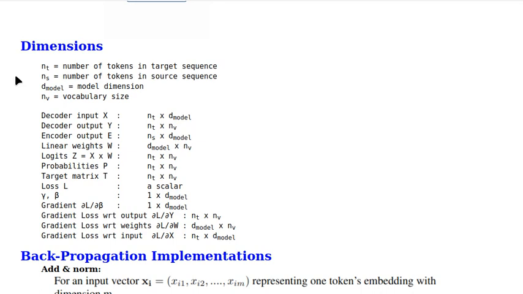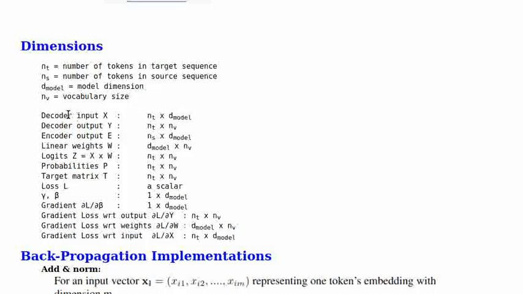In implementing the backpropagations, we need to pay attention to the dimensions of the variables. Suppose we let nt be the number of tokens in the target sequence, ns the number of tokens in the source sequence, d model the model dimension, nv the vocabulary size. For simplicity, we could assume the vocabulary size for the target and the source are the same.